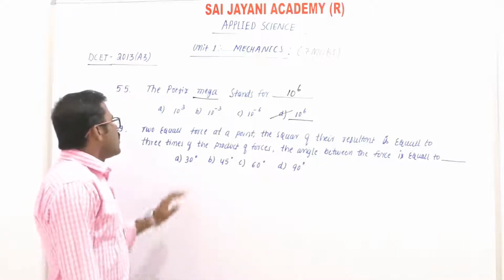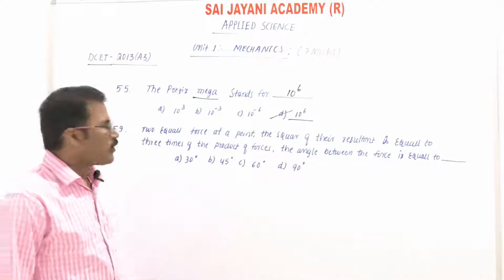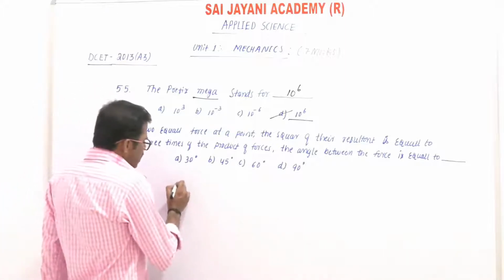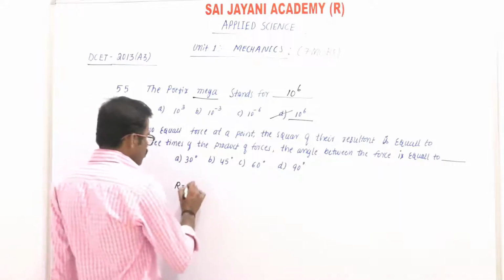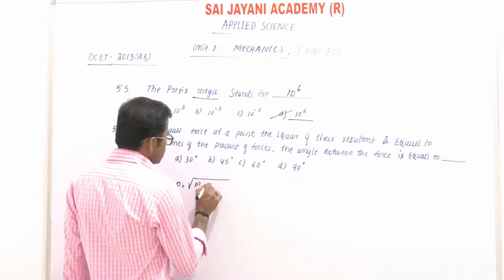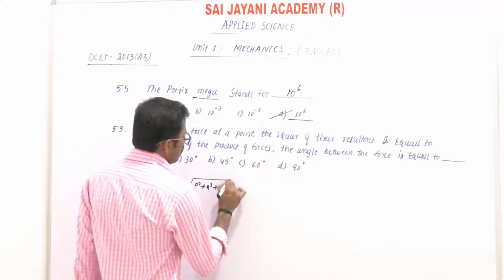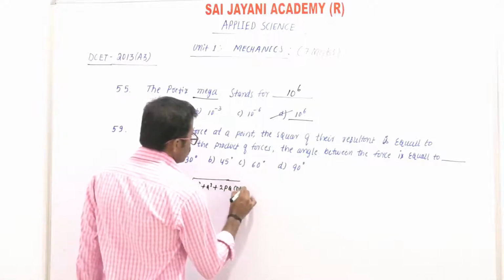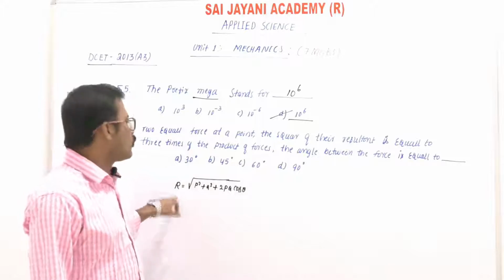The problem is on vectors, the law of parallelogram. The resultant of two vectors is given by R is equal to square root of P square plus Q square plus 2PQ cos theta. This is the formula to find the resultant of two vectors.